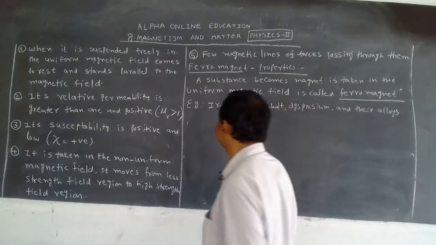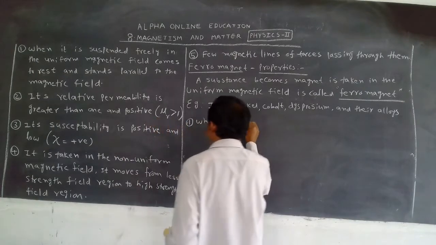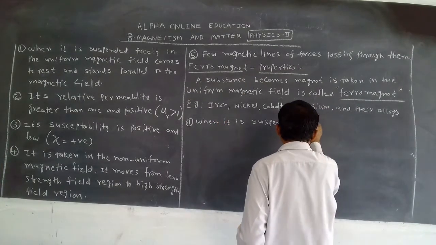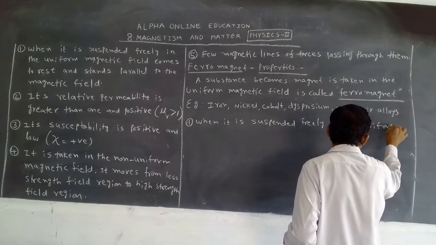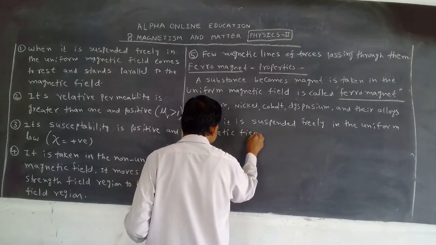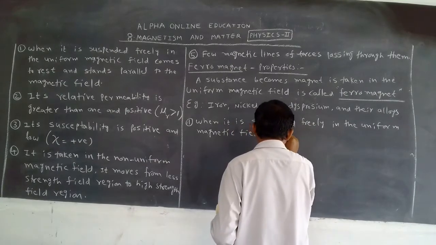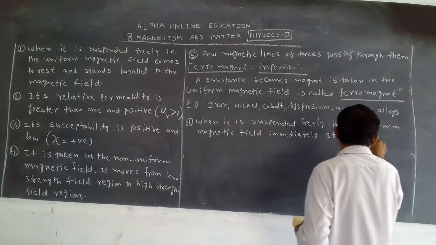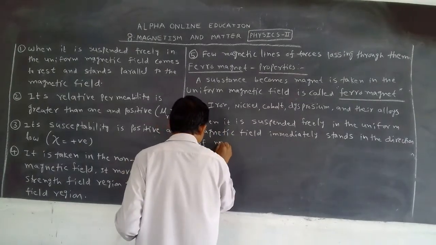Now what are the properties? First one, when it is suspended freely in the uniform magnetic field, it immediately stands in the direction of the magnetic field.